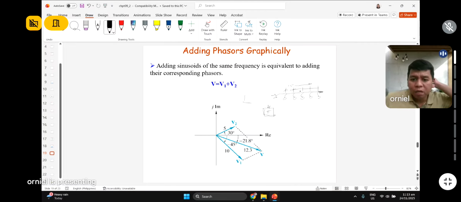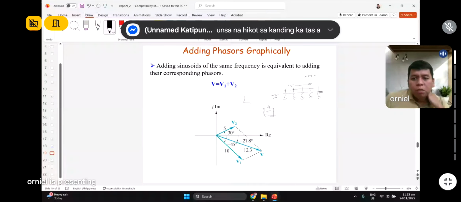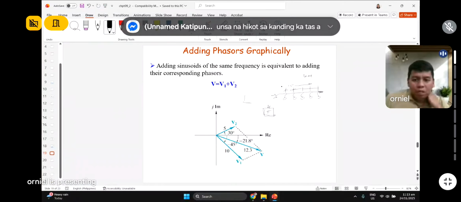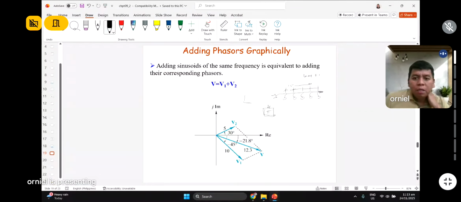So 1.5 times four is six meters. Plus, let's add 1 meter, from the last bulb to the end, that's 1 meter. So that's 7 meters in total.